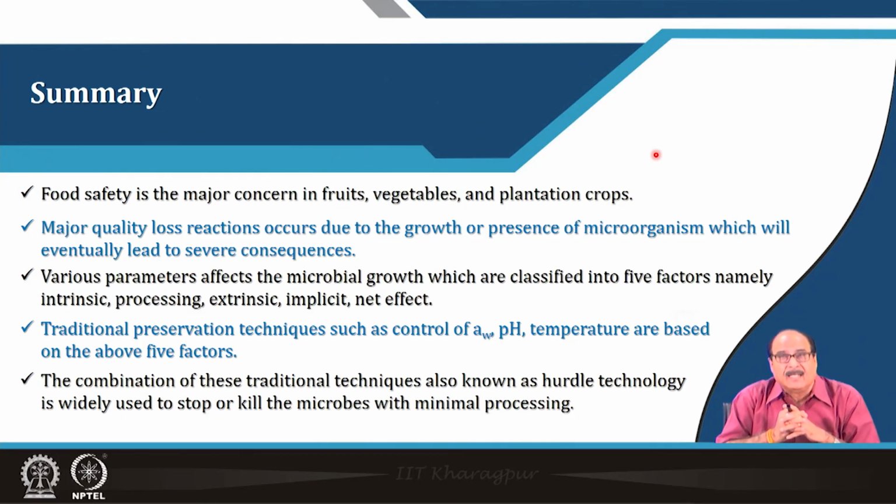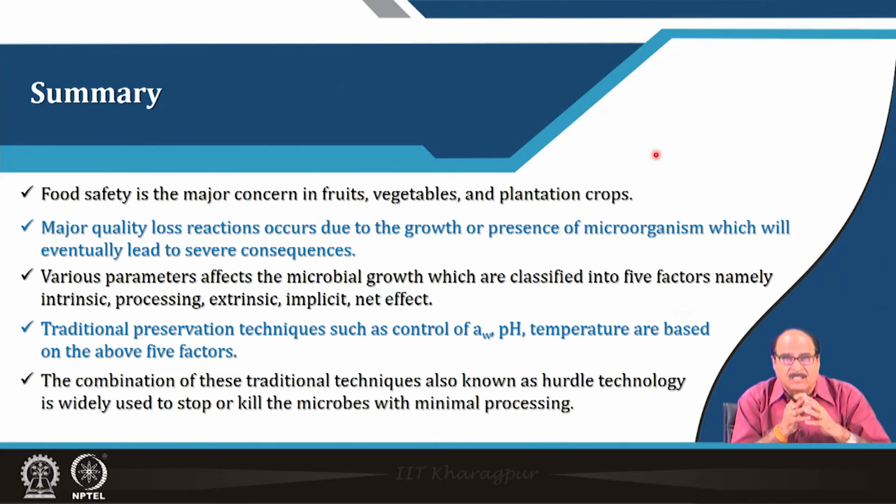Major quality loss reactions occur due to the growth or presence of microorganisms, which will eventually lead to severe consequences, and various parameters affect microbial growth, which are classified into 5 factors, namely intrinsic, processing, extrinsic, implicit and net effect. And traditional preservation techniques such as control of water activity, pH, temperature are based on all these sets of factors.